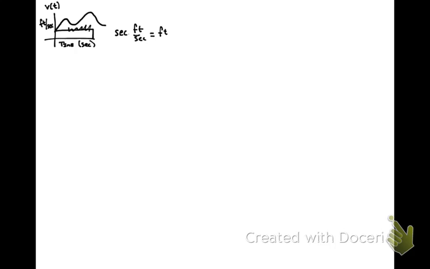And consider in the same way an acceleration graph, and on the x-axis you have time in seconds again, and on the y-axis you have feet per second squared. And we could ask the same kind of question, what does the space in between represent?